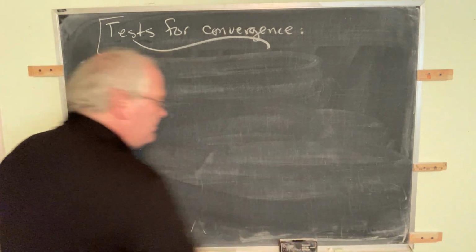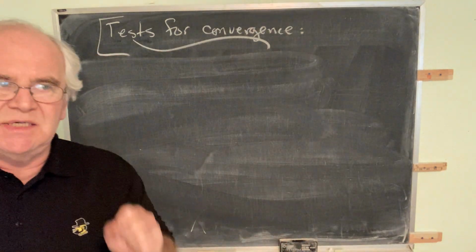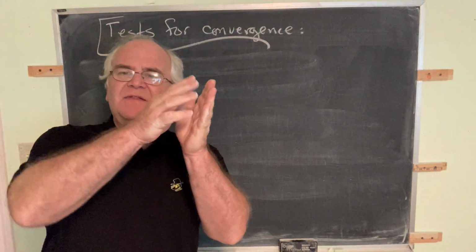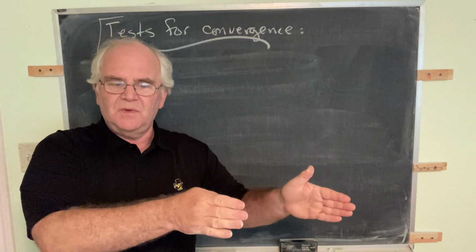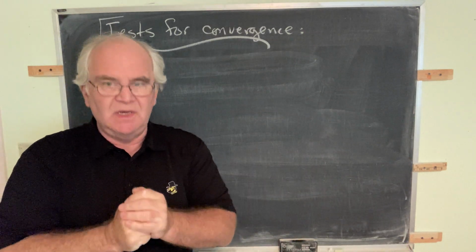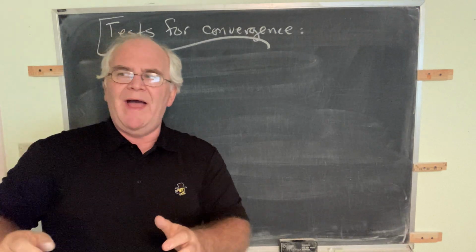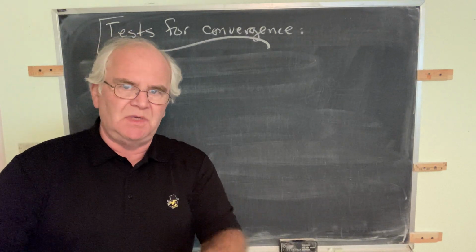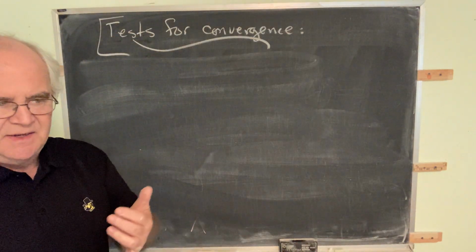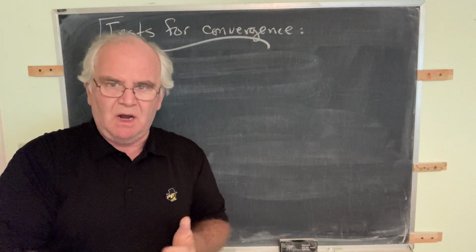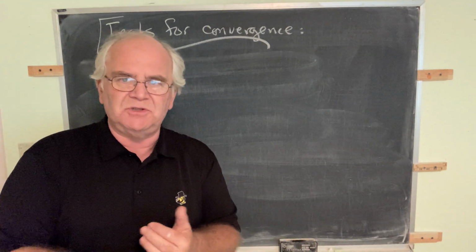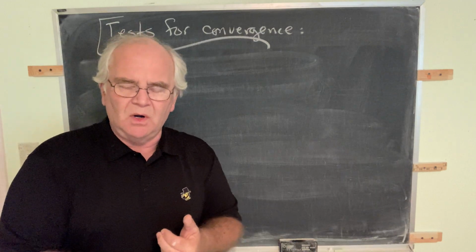Now, it should also be borne in mind, some of these tests tend to fall into two categories. One category is primarily, not exclusively, but primarily a theoretical stepping stone to get to a different result. An example of that is the direct comparison test when we talk about it later on. Yes, it does work, and it does have a certain body of series where it can actually work.